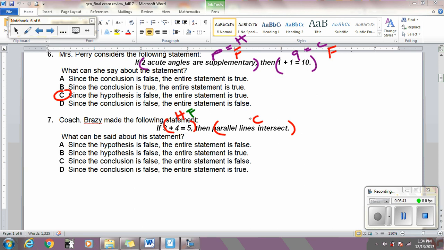And then my conclusion, parallel lines intersect. That's also false because we know parallel lines don't cross. They don't ever meet. So for number 7, again, the most important thing to remember is my hypothesis is false. Anytime the hypothesis is false, the entire statement is true. So it is B.